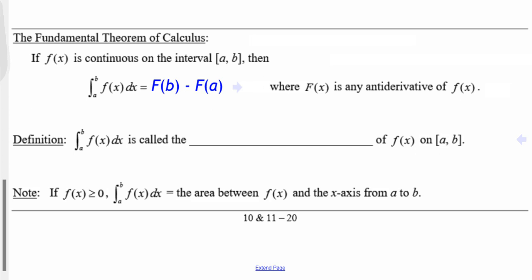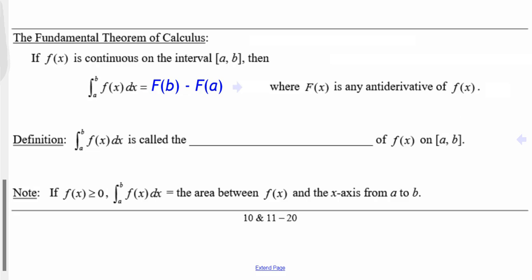It's equal to uppercase F of b minus uppercase F of a if F of x is any antiderivative. And by any, Sharia, it means we haven't solved for a c value. Okay? So any antiderivative means we haven't found the c value.